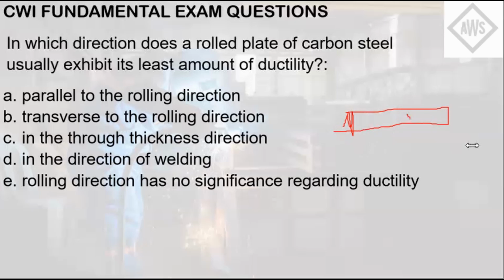So lamellar tear occurs normally at this through thickness of the plate due to high localized stress, because it is the area of the plate which exhibits the lowest amount of ductility, making it susceptible to that high localized stress, which in this instance is the lamellar tear. So the answer here is letter C.